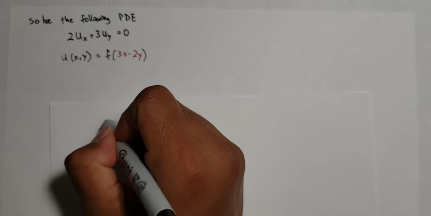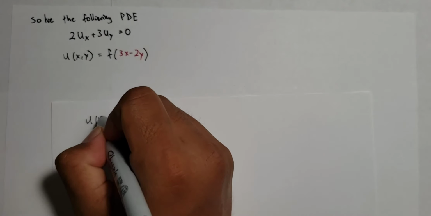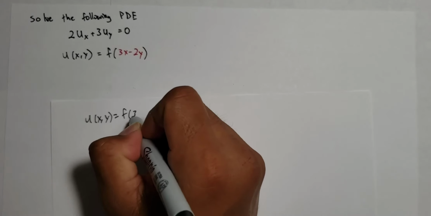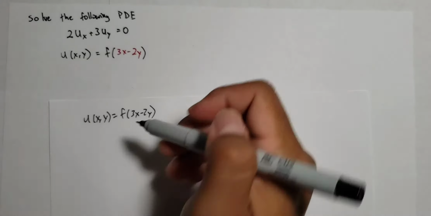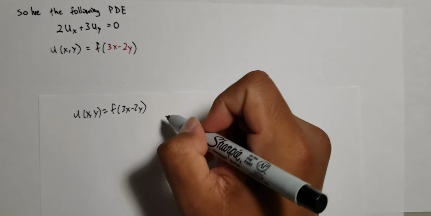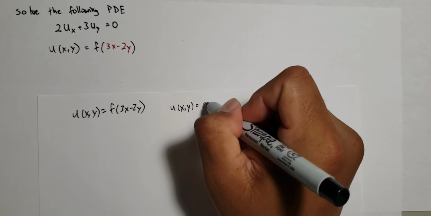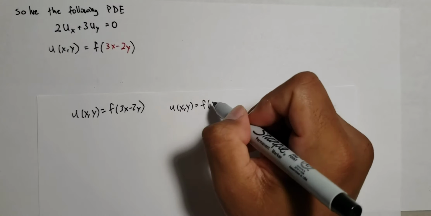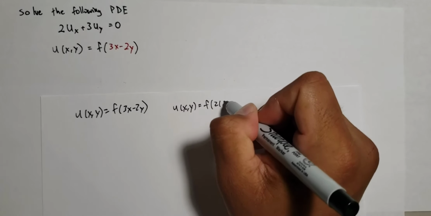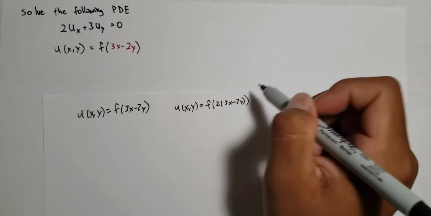So let's say I have u of xy equals f of 3x minus 2y. Again, u of xy equals f of, let's go with 2, so 3x minus 2y will also work.